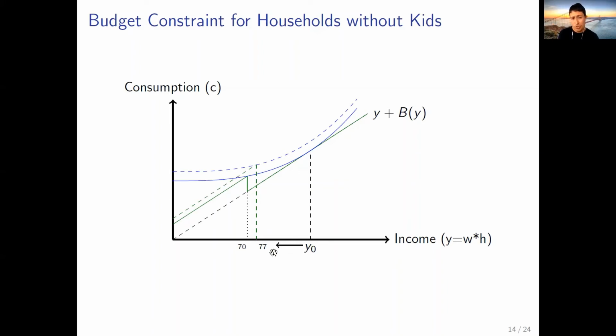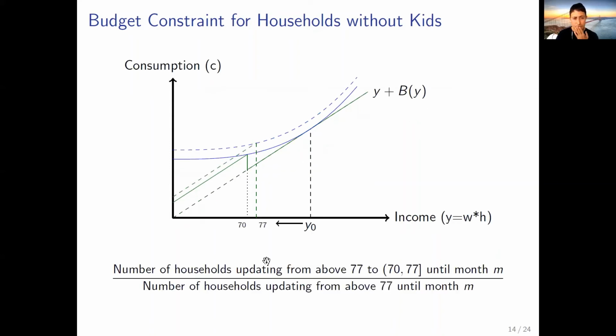So they are going to be basically reducing their income in order to join the program. And that's the precise nature of the reform that happened in Brazil, in which the transfers increased and the threshold increased. So I'm going to investigate this empirically by looking at this fraction of households.